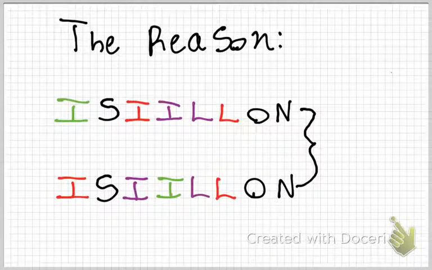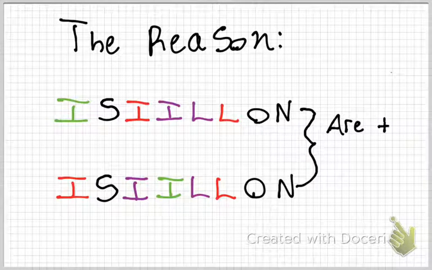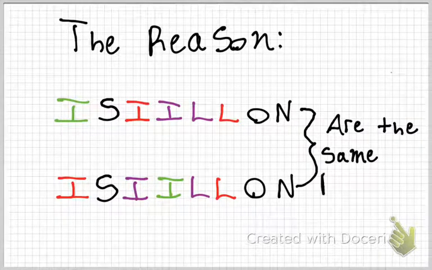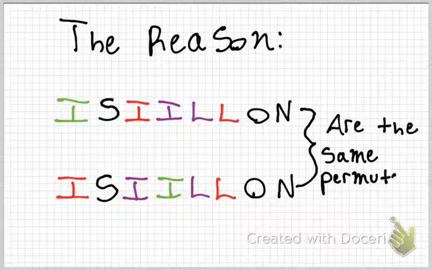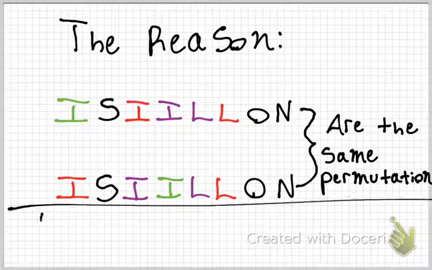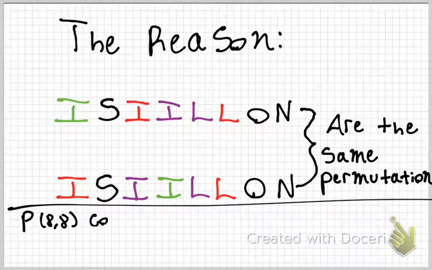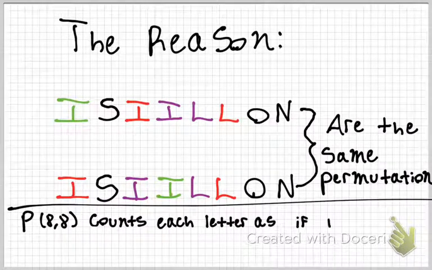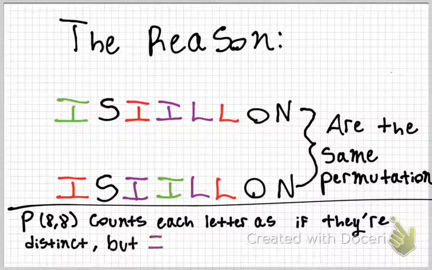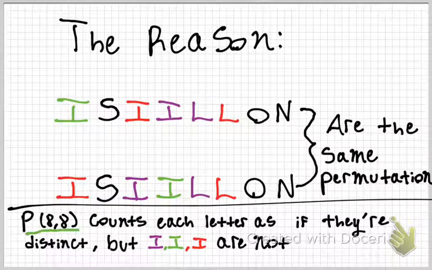So in permutations with repetition, alike characters are the same. And by P88, I mean the normal formula for permutations, the number of permutations when we have 8 objects to choose from and 8 characters to select.